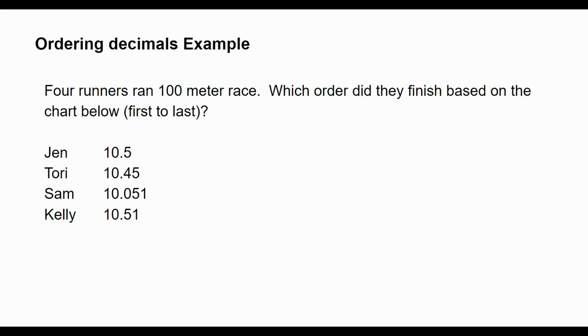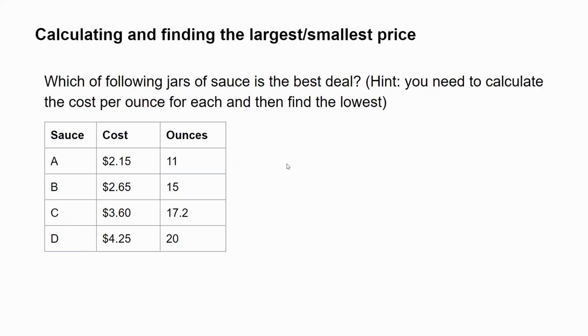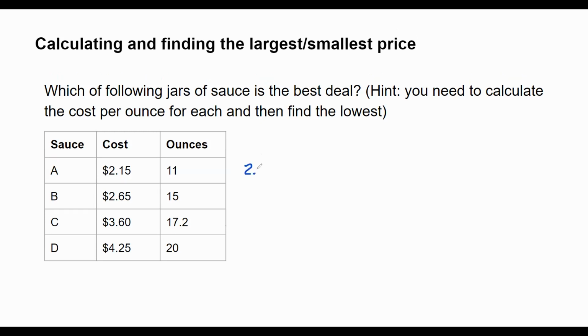Okay, one more example for you. This is kind of a classic problem. Which of the following jars of sauce is the best deal? Hint, you need to calculate the cost per ounce for each and then find the lowest number. So this can feel a little bit tedious because what we need to do is division 4 times.